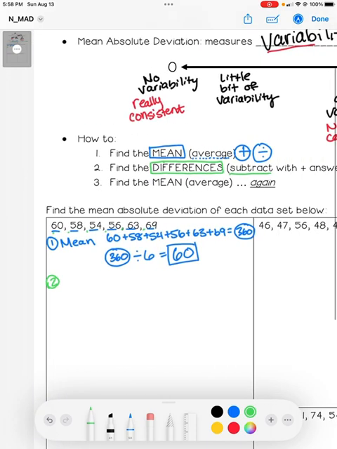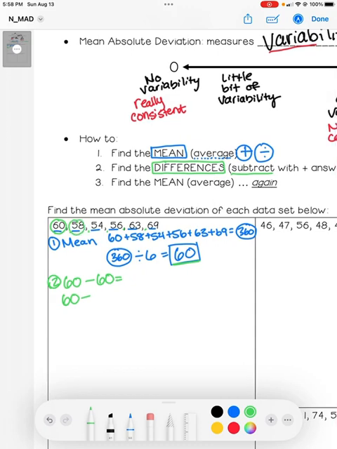So we want the distance between the mean, which was 60, and the first data point, which was also 60. We want the distance between 60, the mean, and the second data point, 58. The distance between mean 60 and data point 54.